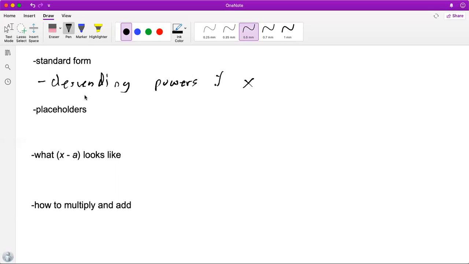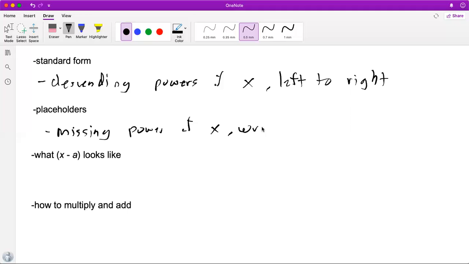It's got to be descending powers of x, left to right. For polynomials, we call that standard form. Placeholders: for any missing power of x, you have to write a 0 in your synthetic division.